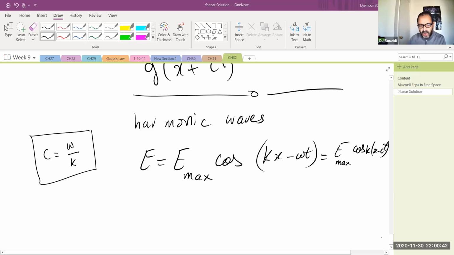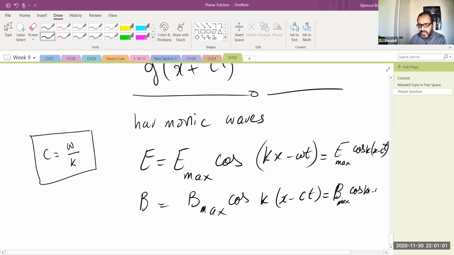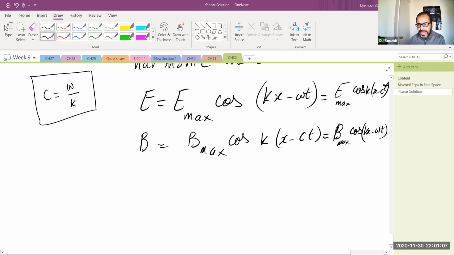Of course, the magnetic field B is also equal to B max times the cosine of the same k times x minus ct, or B max times cosine of kx minus omega t. So this k and omega are related to one another through this expression right from the get-go, and we can plug it into Maxwell's equations and it will make sense there.